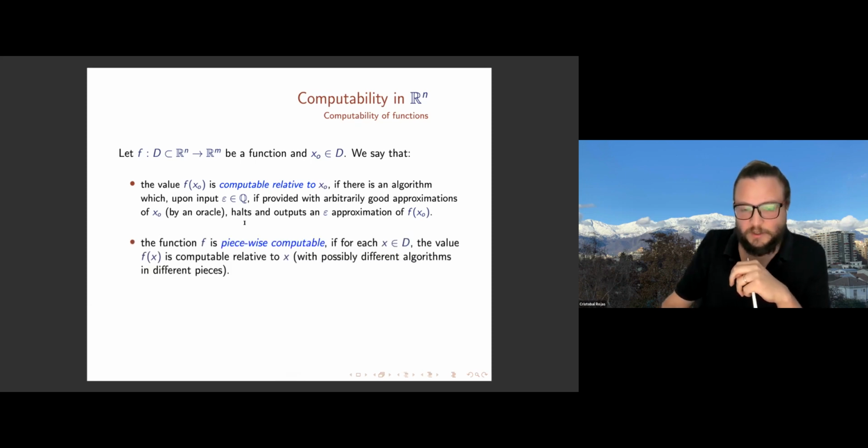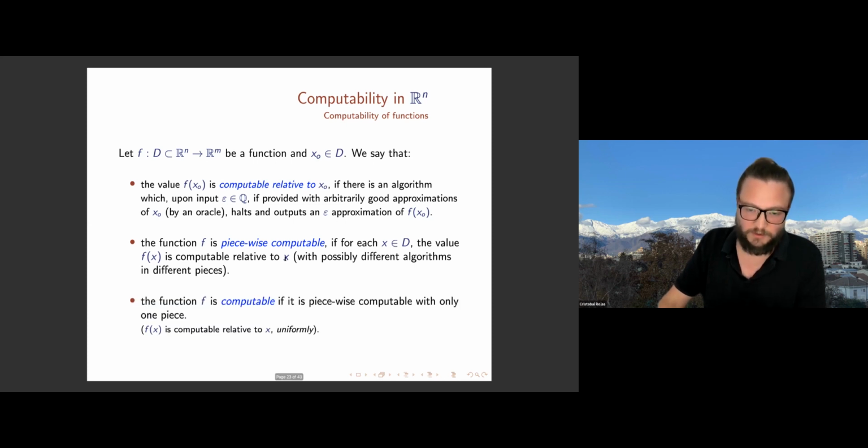A function is piecewise computable if for each point in the domain, the value of the function is computable relative to x, but we may need different algorithms depending on the point. And computable if it is piecewise computable with only one piece, the usual notion of computable function, so the value is computable relative to x uniformly.